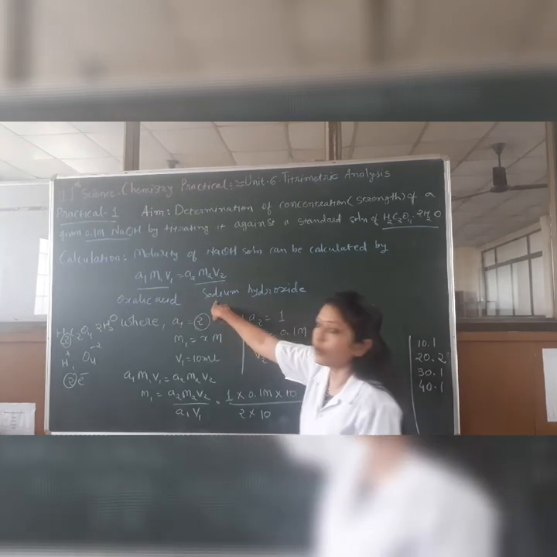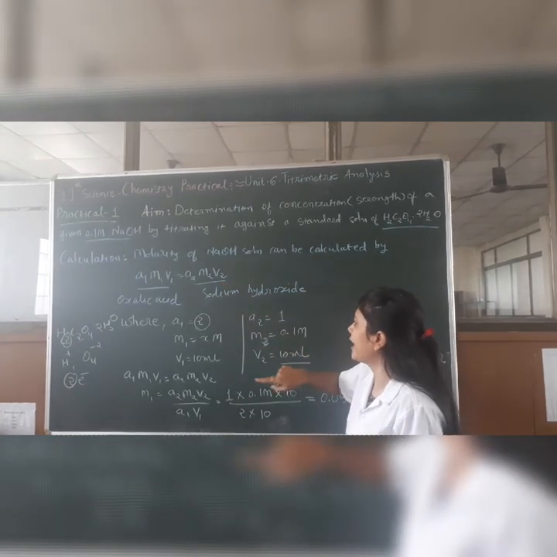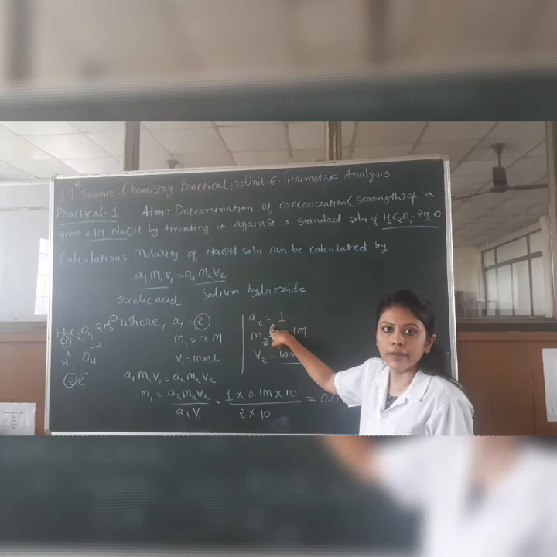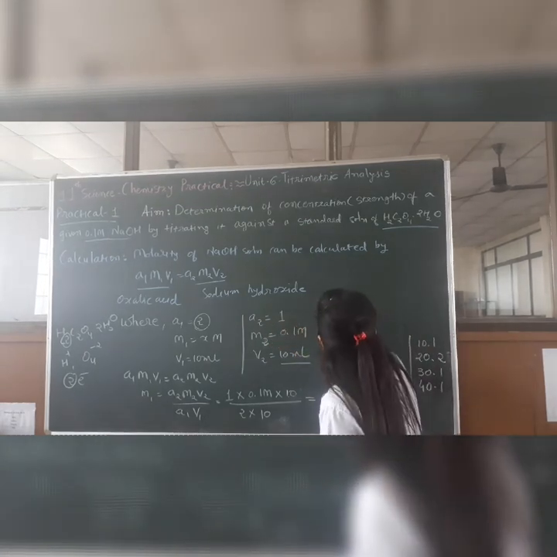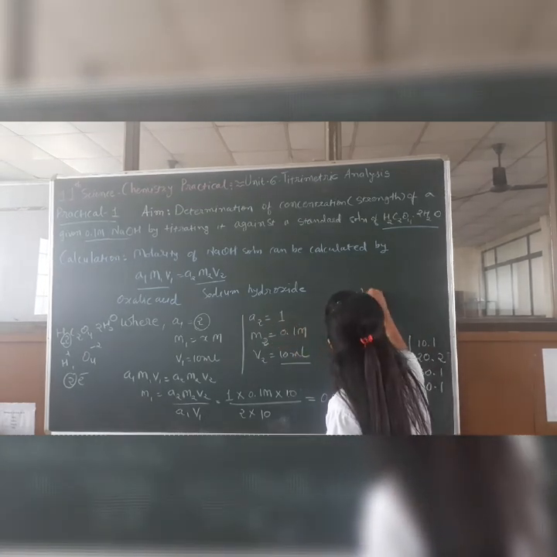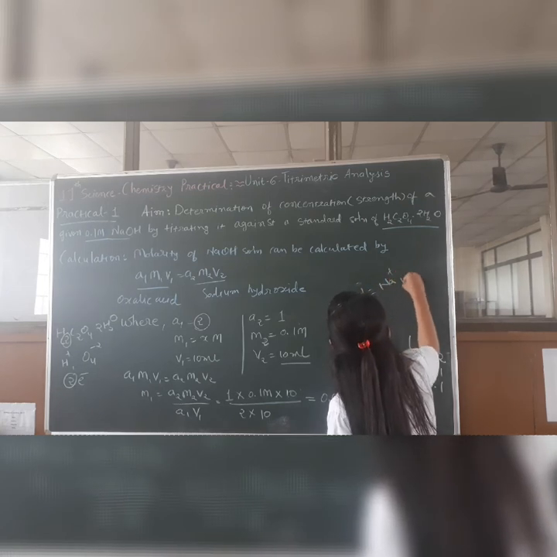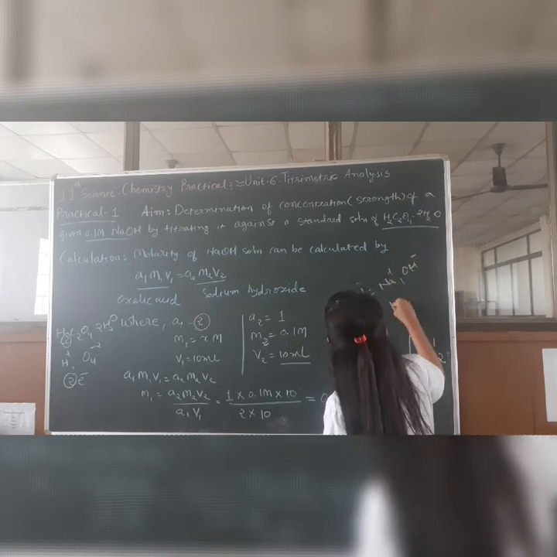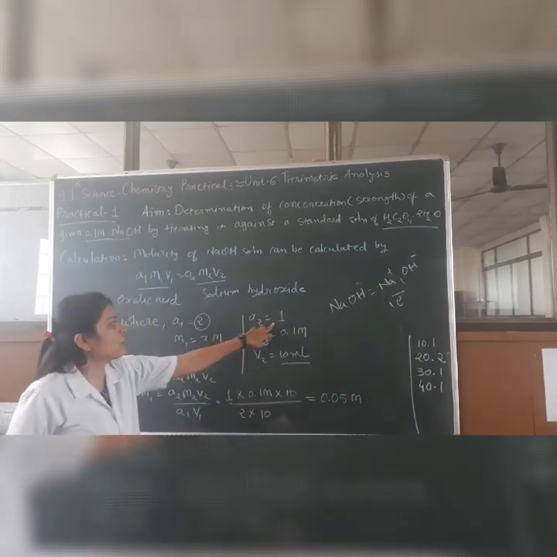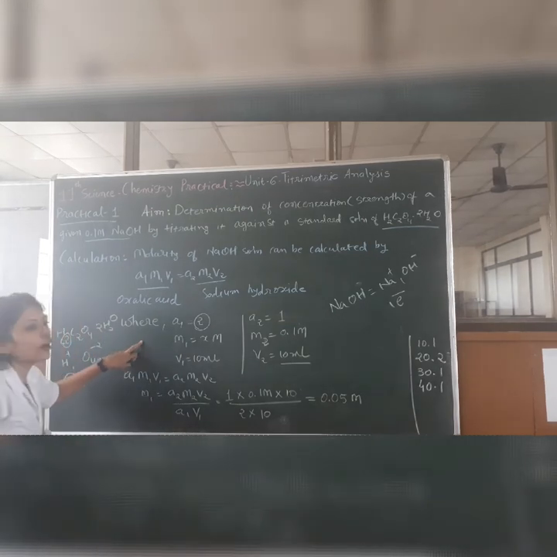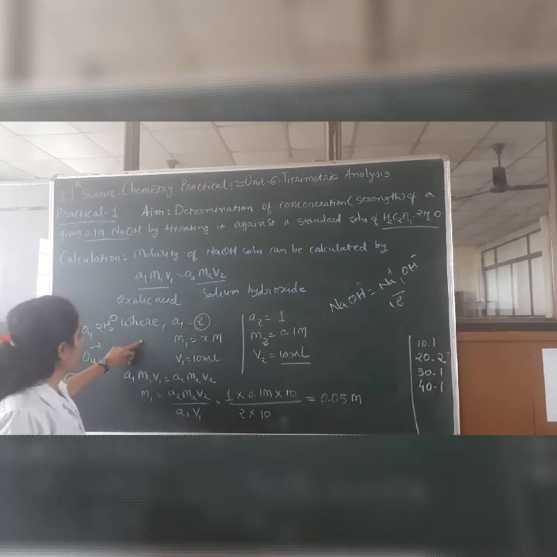Next, A2M2V2 is for sodium hydroxide. A2 is equal to 1 because NaOH is Na plus and OH minus, that is 1 electron. That's why we write A2 is equal to 1. That means A is the electron removed or gained.